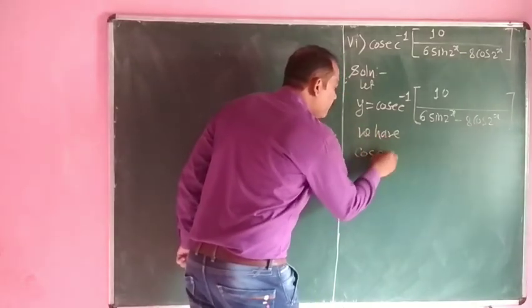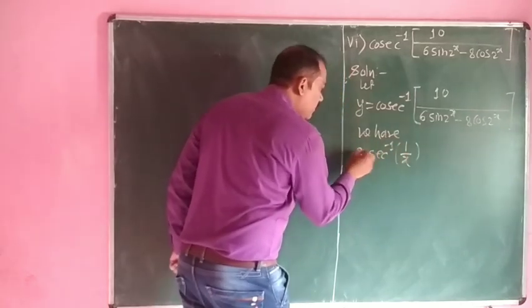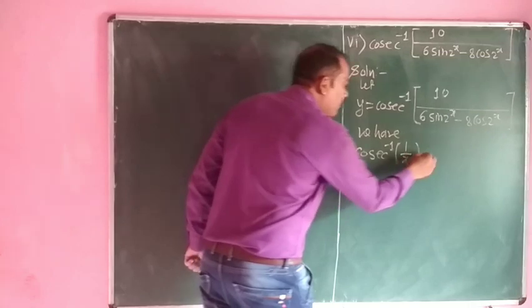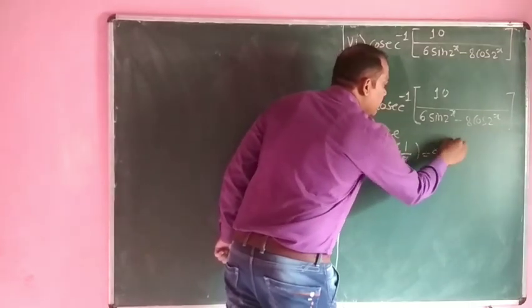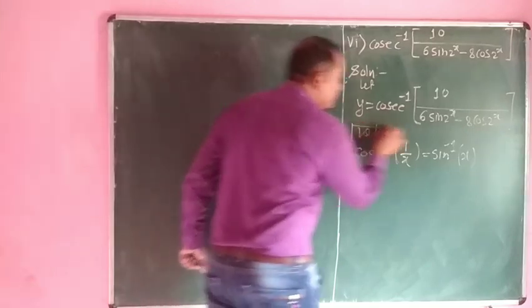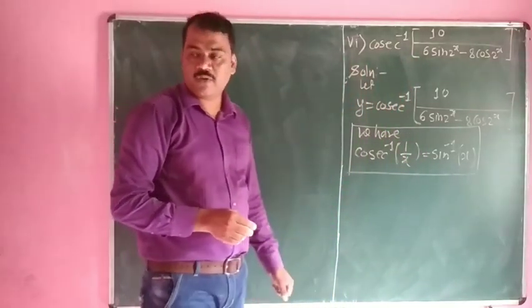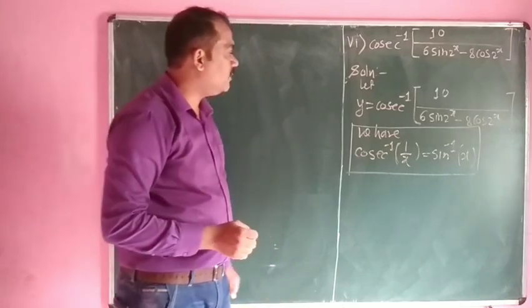Cosec inverse of 1 upon x is nothing but sine inverse of x. We know that formula.